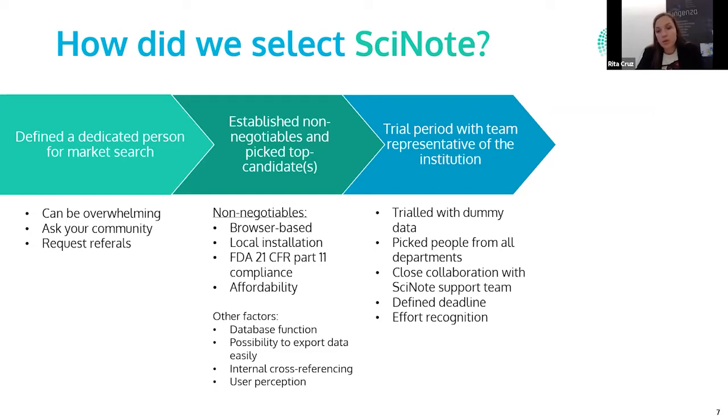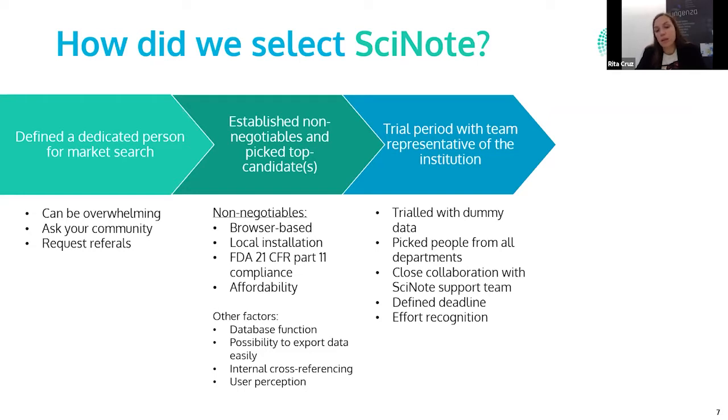And for this, it was also important to define a deadline for this trial period rather than just leave it as an open-ended project. We told this team there's 3 months to do this, and at the end of these 3 months, we want to have the confidence that we have enough experience with the system that we can make a decision. And to motivate this team, the company also recognized their effort.